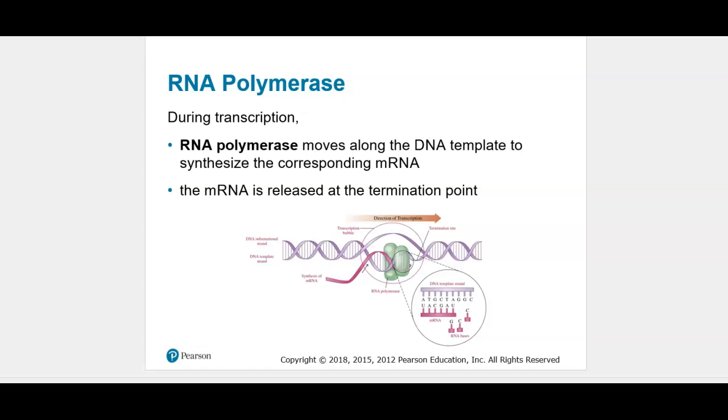You have an RNA polymerase, which is essentially the machinery that makes the RNA. And you notice that what they have here is that the double helix has been unwound to some extent. I'm going to blow this up so you can see it a little better.